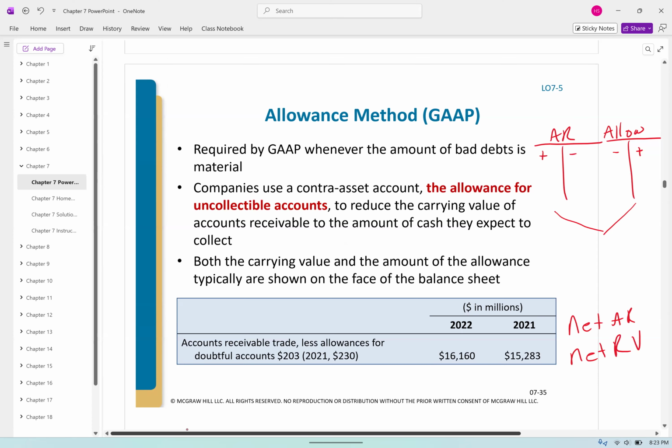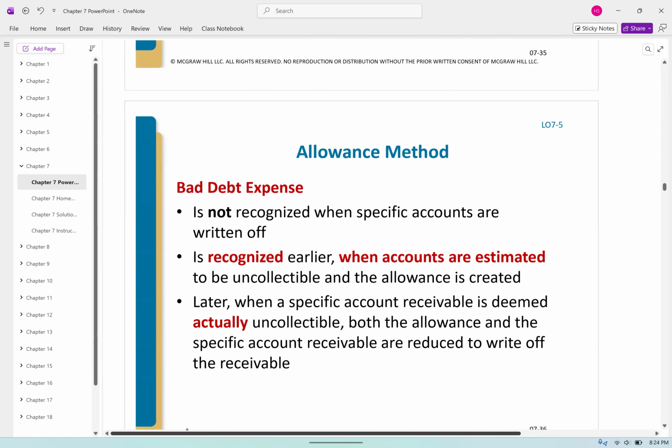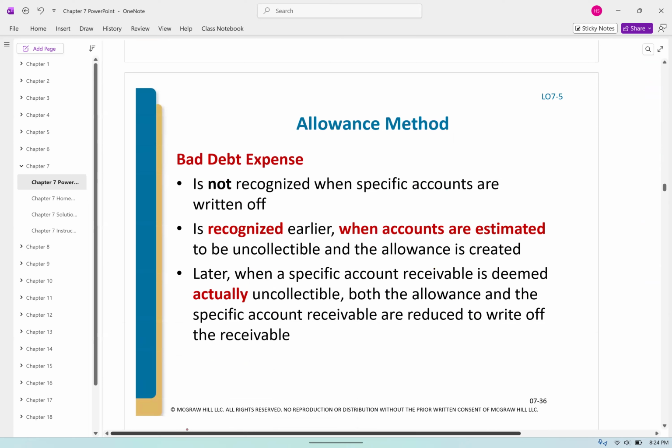Okay, all right. So, allowance method. The bad debt expense is not recognized when a specific account is written off. It's recognized at the end of the period when we're working on the financial statements. They will go through the process of estimating what the bad debt expense will be. Okay. It's recognized earlier.